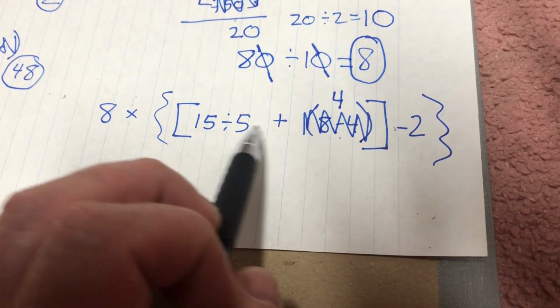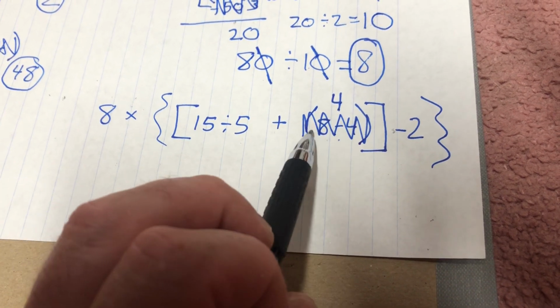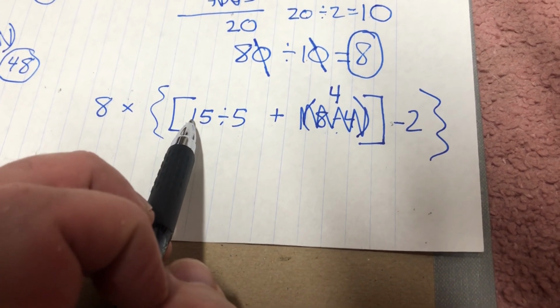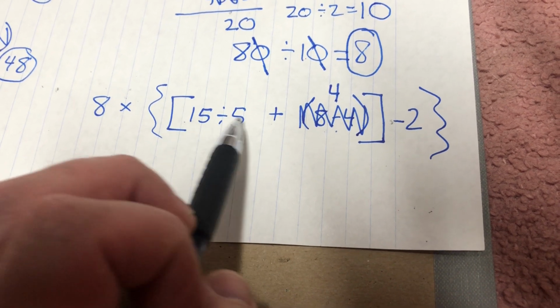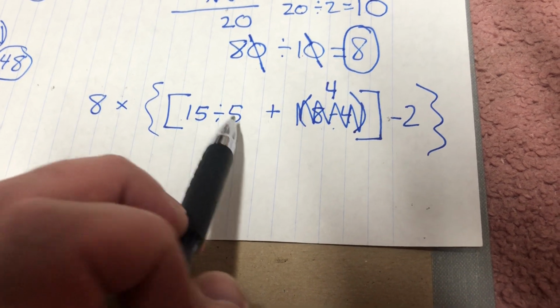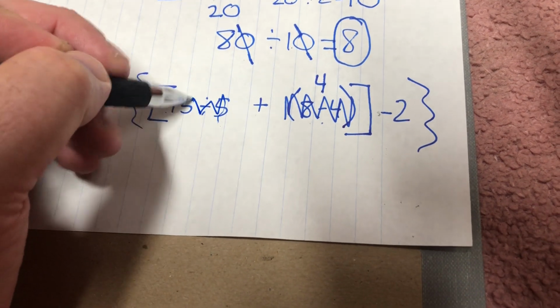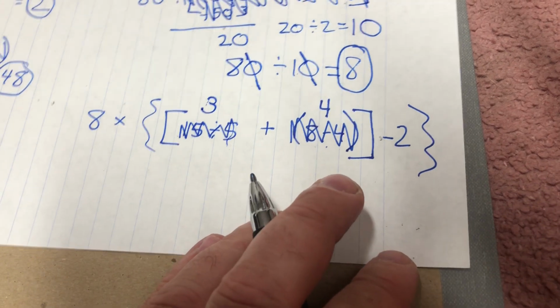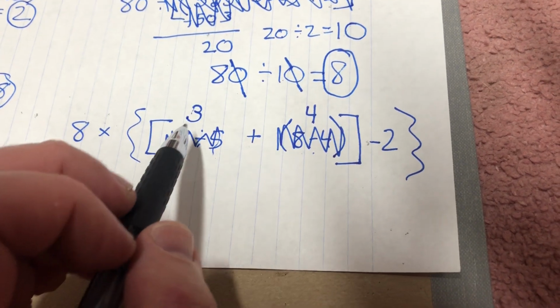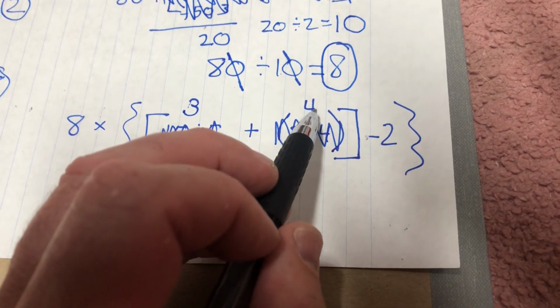There's no exponent, so now it's multiply and divide left to right. Well, if I start here, because I got to go inside the brackets, it's 15 divided by 5. 15 divided by 5, I believe, equals 3.